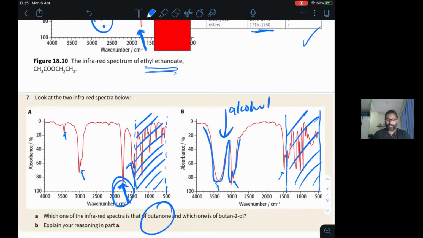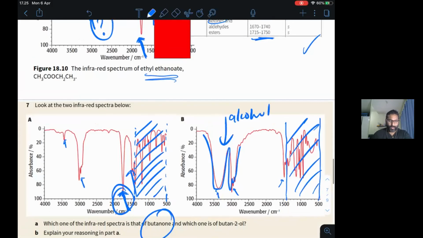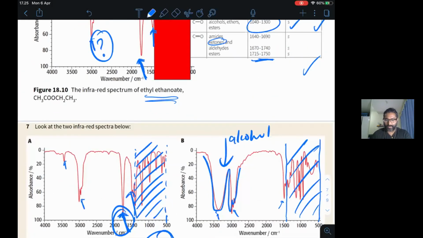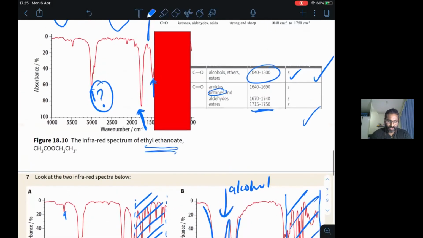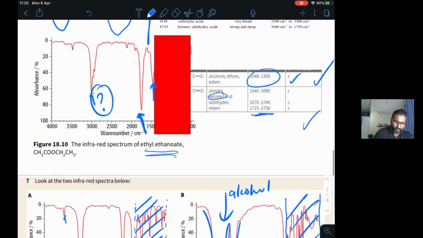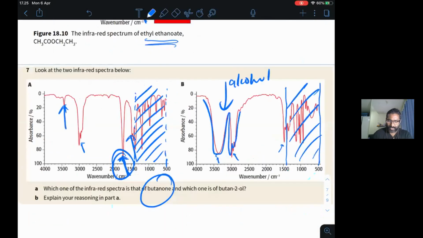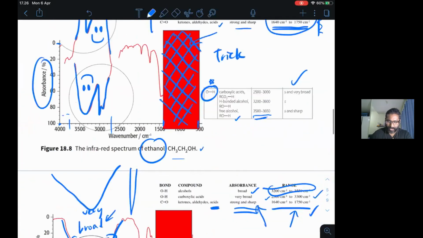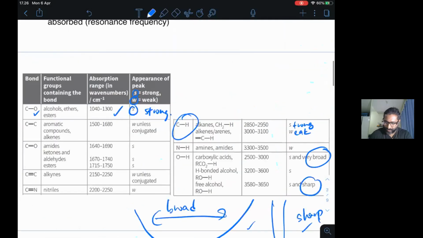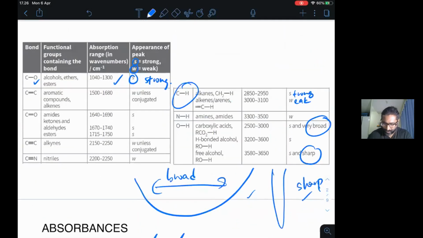So this one, absorbance is there. And then how about the 3000? Probably the 3000 is only for CH. And then how about for this one? Near to 3500. So you can look over there, 3500. Is there something related to ketone? Let's see, 3500 related to ketone.